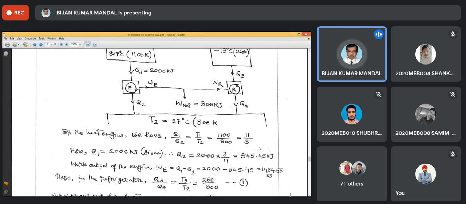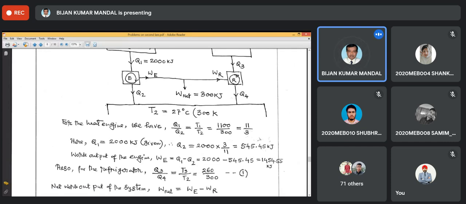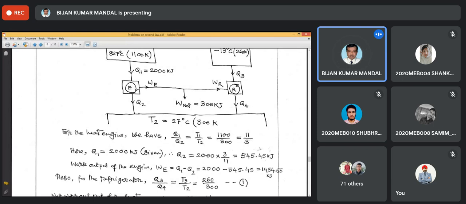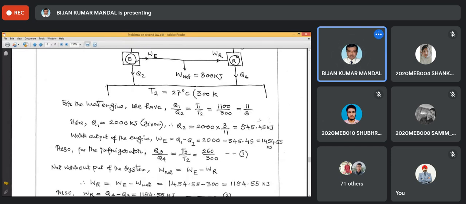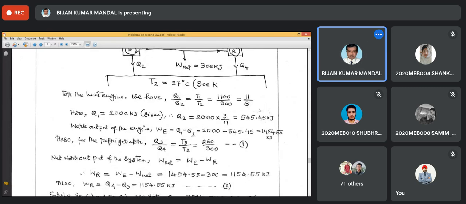Now let us look at the refrigerator. For the refrigerator, Q3 by Q4 is equal to T3 by T2, because Q3 corresponds to T3 and Q4 corresponds to T2. So put in those values of the temperatures because that is given. And then you calculate.